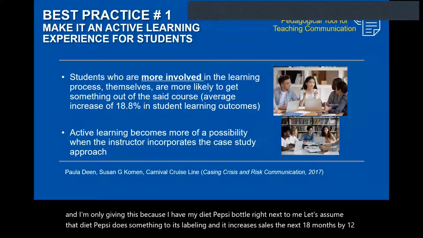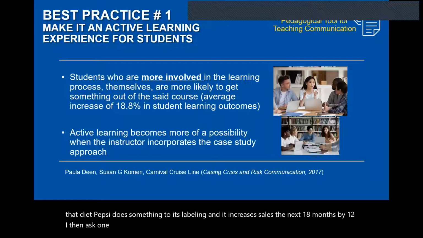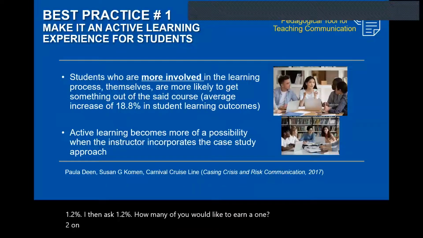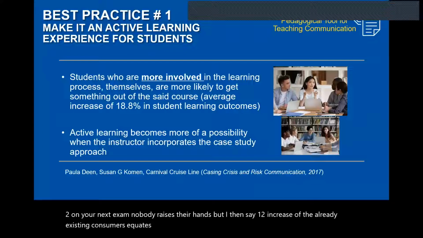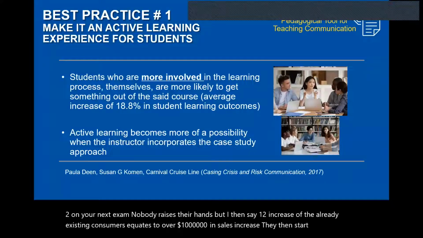I then ask, how many of you would like to earn a 1.2% on your next exam? Nobody raises their hand. But I then say, a 1.2% increase of the already existing consumers equates to over $1 million in sales increase. They then start to rethink what 1.2% really means.